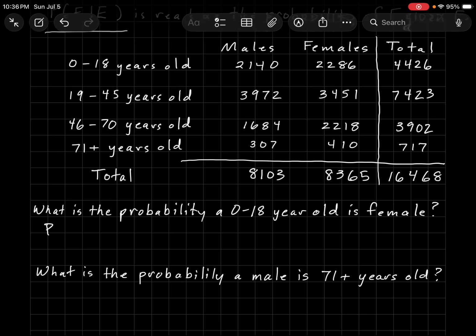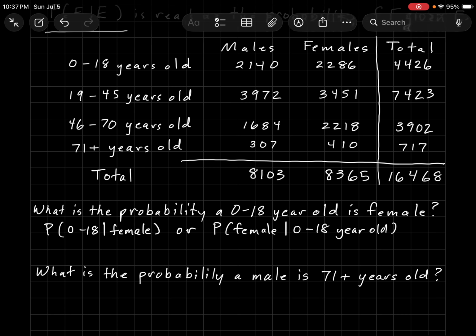So I have a question for you. Which one do you think will be correct? Should I put the probability of 0 to 18 given female, or do you think I should write probability of female given 0 to 18 years old? Which one do you think is correct based on the wording?